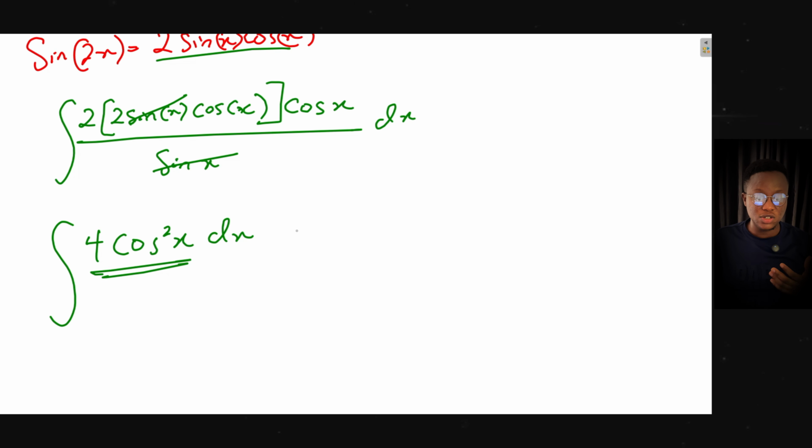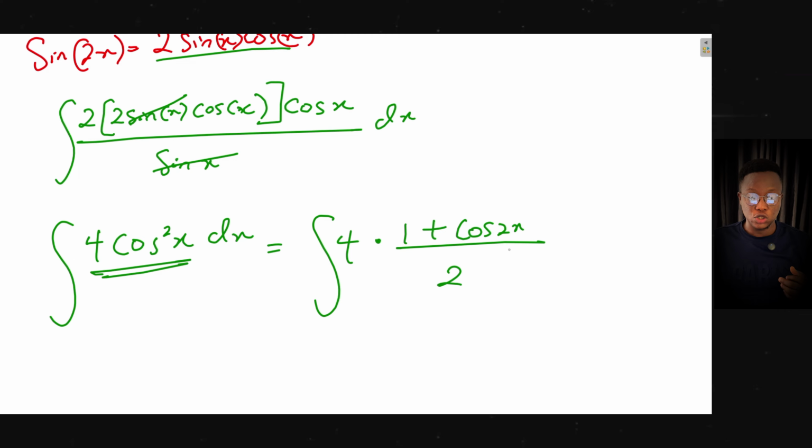by trigonometric identity again, we can say that 4 cos square x can be rewritten as 4 times (1 plus cos 2x) all over 2 dx.